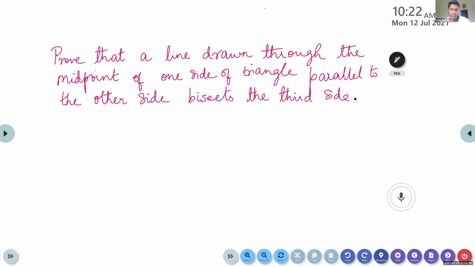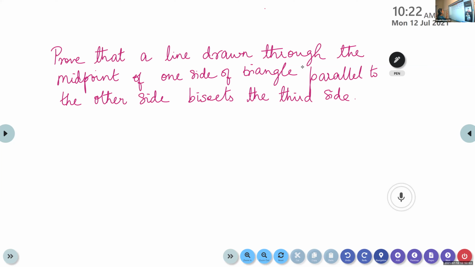If it is given parallel, we have to use BPT. Very good. If proportionality is given, the converse. Very good, Aditya. If the ratio is given, if two sides are proportional, you have to use the converse.